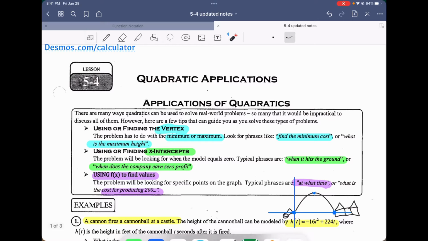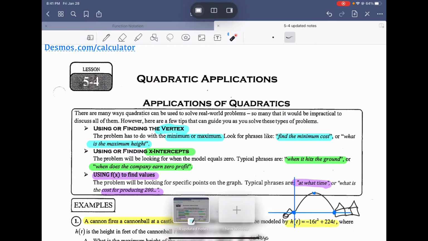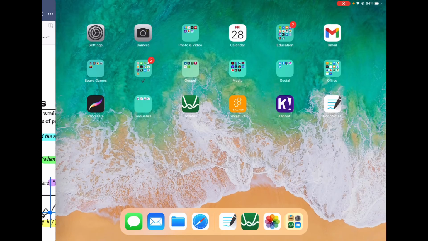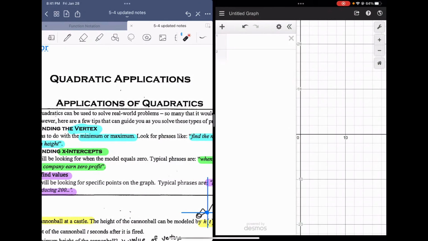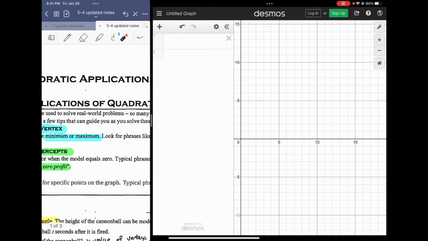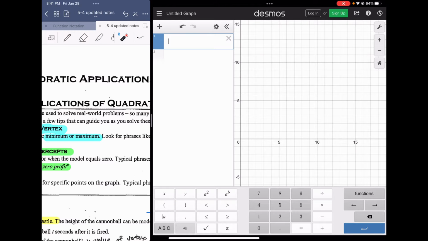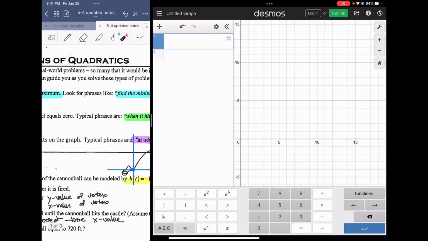Okay, so it's going to look something like this. You'll have a graph on one side and you'll have an area where you can enter in an equation over here. So you'll click in that little box where it says 1 and you'll be able to type in an equation. So type in the equation of our cannonball.